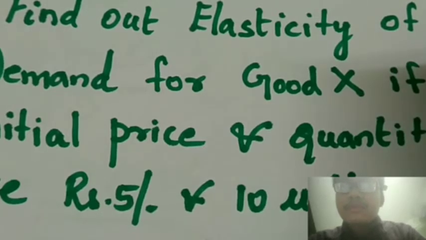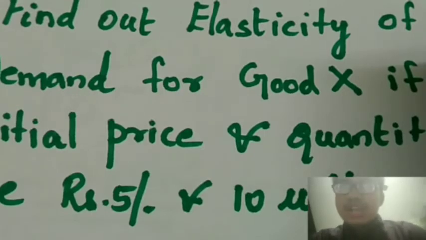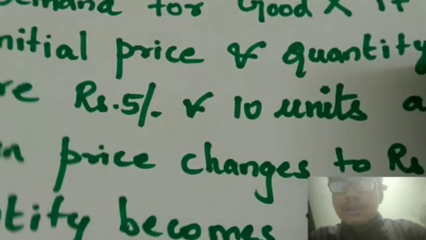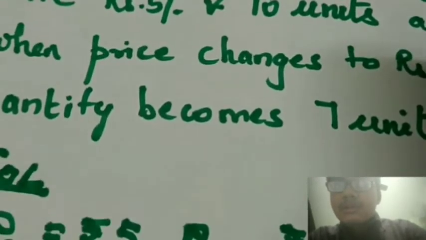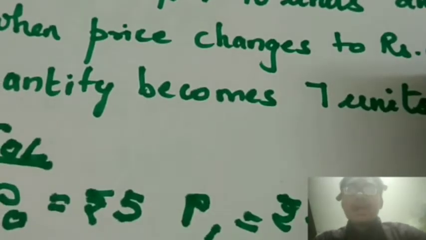First question, find out elasticity of demand for good X if initial price and quantity are rupees 5 and 10 units. When price changes to rupees 6, quantity becomes 7 units. So as price increased, quantity fell. So what's the solution?